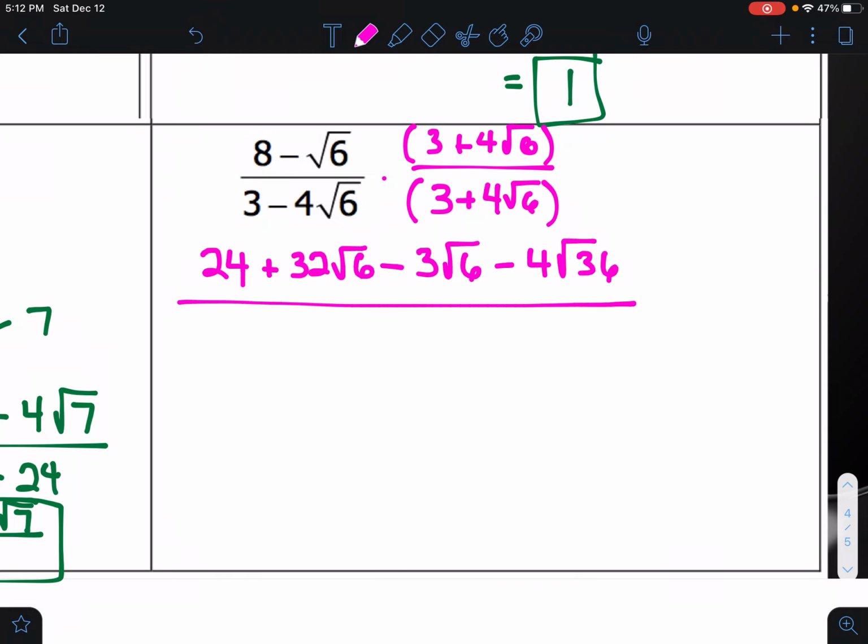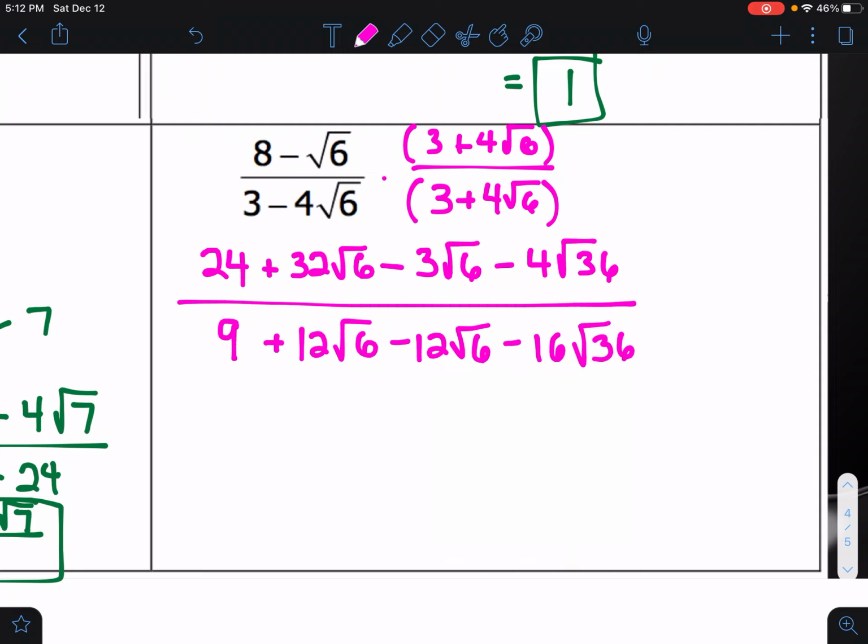On the bottom, we'd have 9 plus 12 root 6 minus 12 root 6 minus 16 root 36.